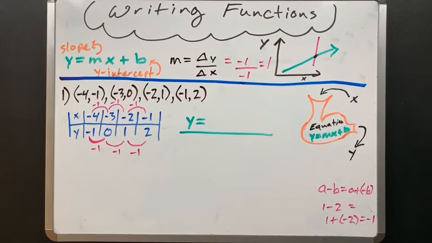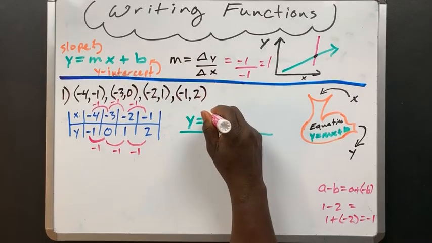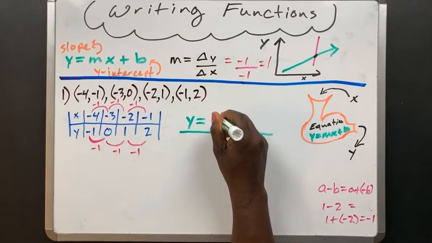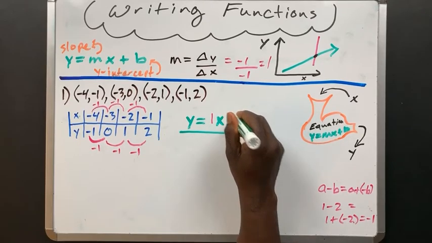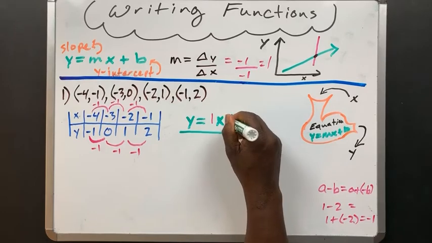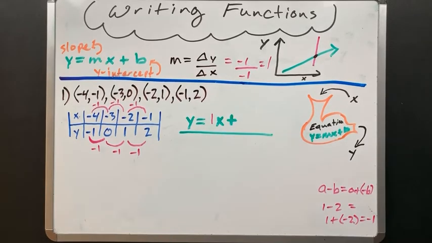Okay, so I am going to put a 1 there, right? Times x, right? Plus, now we need to determine what is b, the y-intercept. So let's review what a y-intercept actually is.